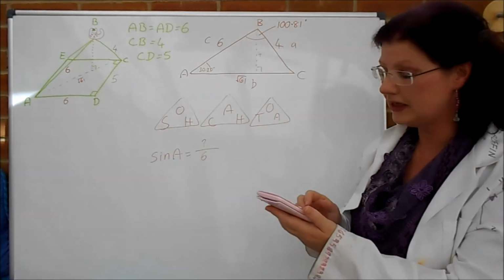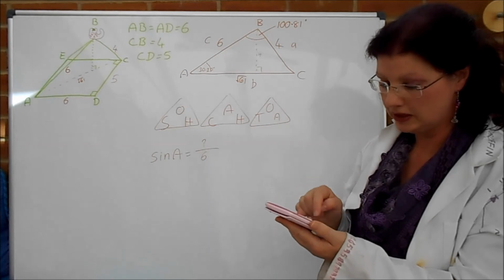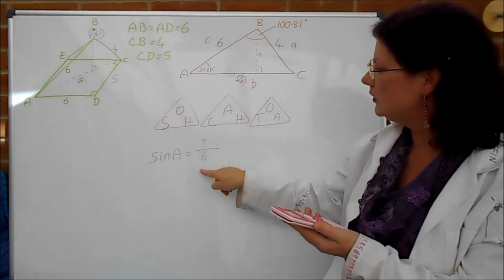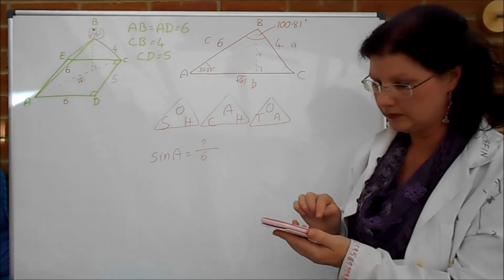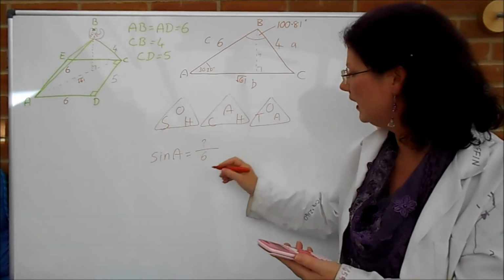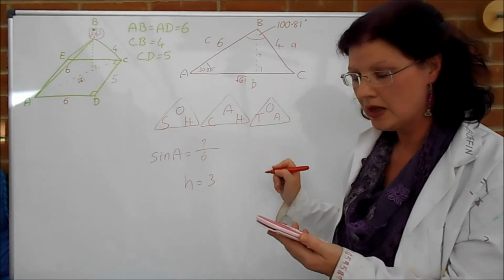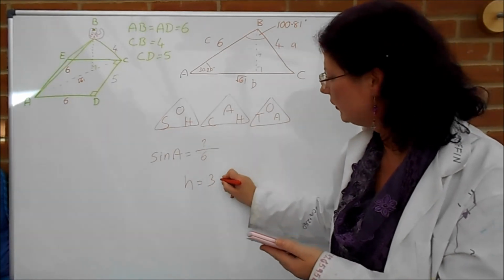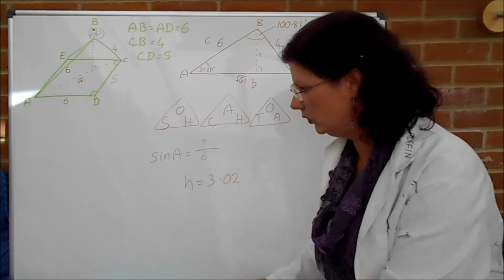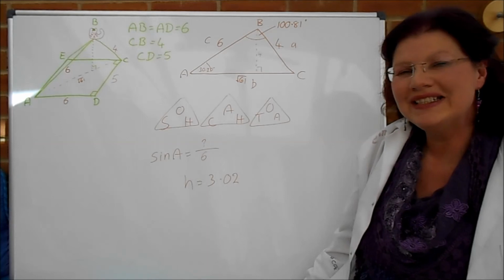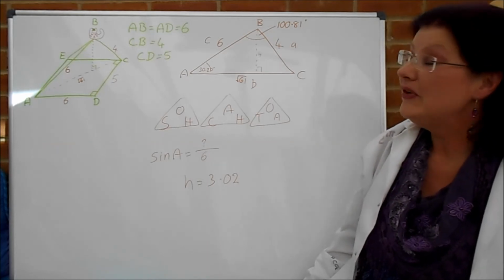So keeping my angle in there, I'm going to do the sine of my angle, and I'm going to multiply that by 6, and that will give me my height there. So the height is, to 2 decimal places, 3.02 cubits, or whatever they were. So 3.02.